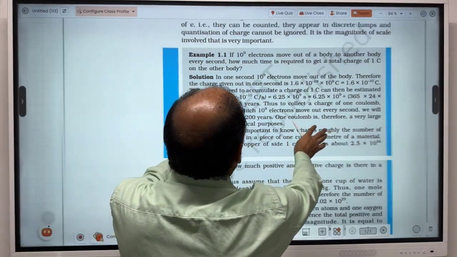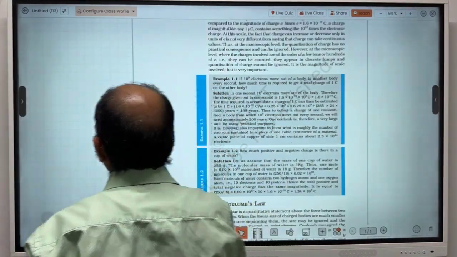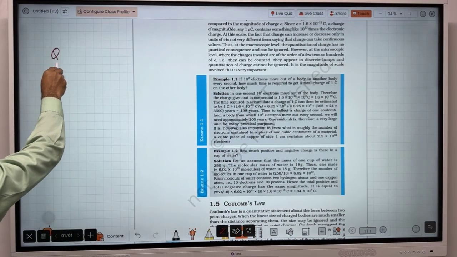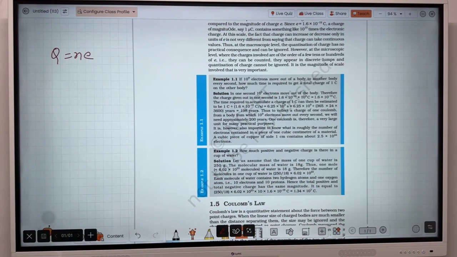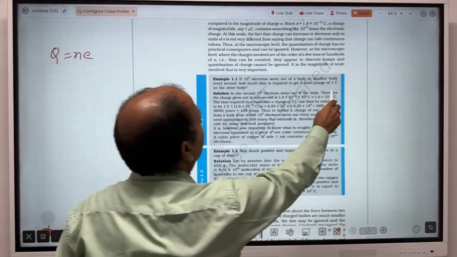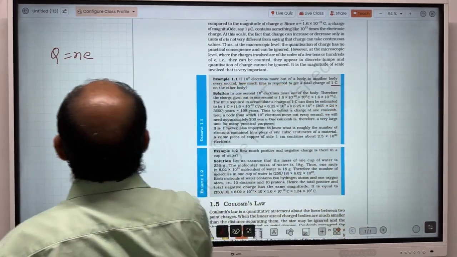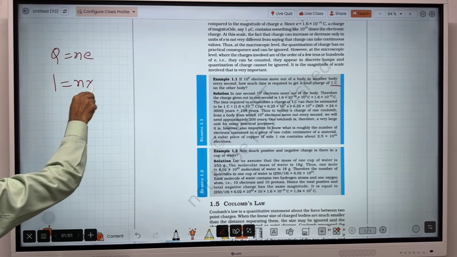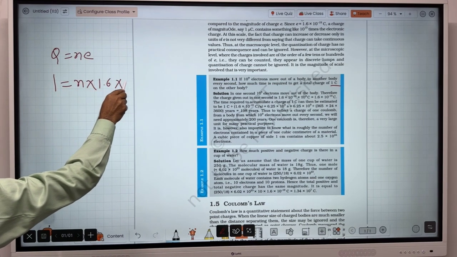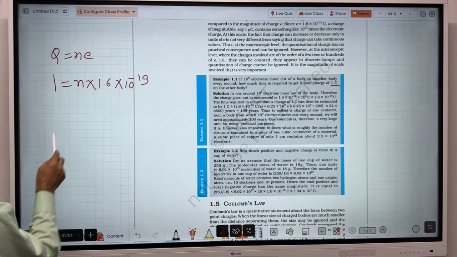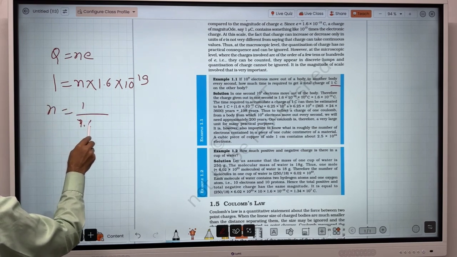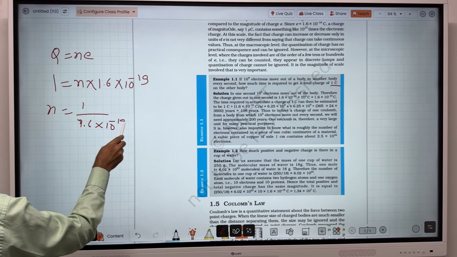So here let's make the calculation from the formula Q equals N e. Here the total charge required is 1 coulomb. So take Q as 1, then N is to be found. The electronic charge is 1.6 into 10 to the power minus 19. So N will be equal to 1 divided by 1.6 into 10 to the power minus 19.